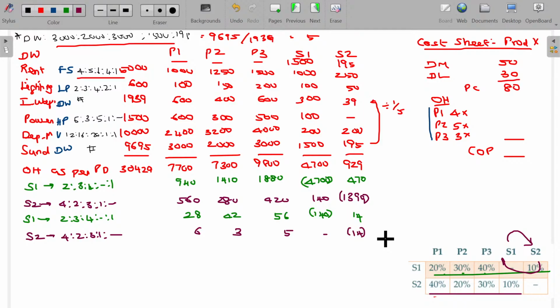That single digit number can be added to some other department, P1, P2, P3. I round off this value. One share may actually be 1.4, two shares being 2.8, three shares being 4.2, four shares being 5.6. And 1.4 seems to be meaningless. I can take this somewhere here.